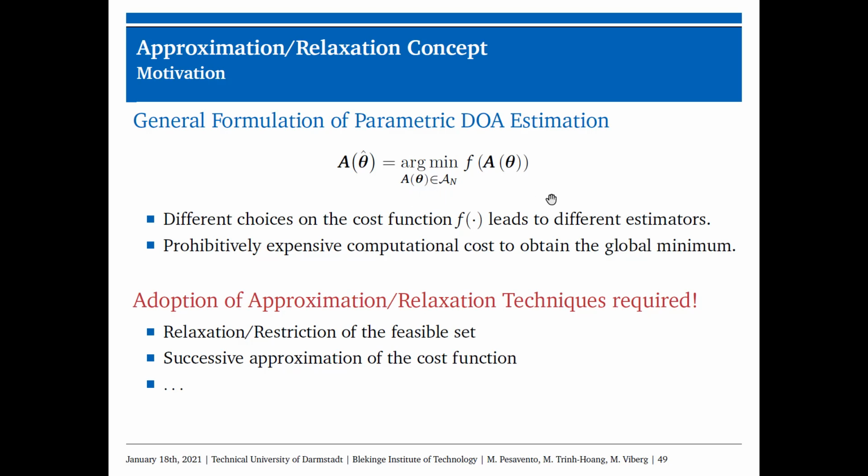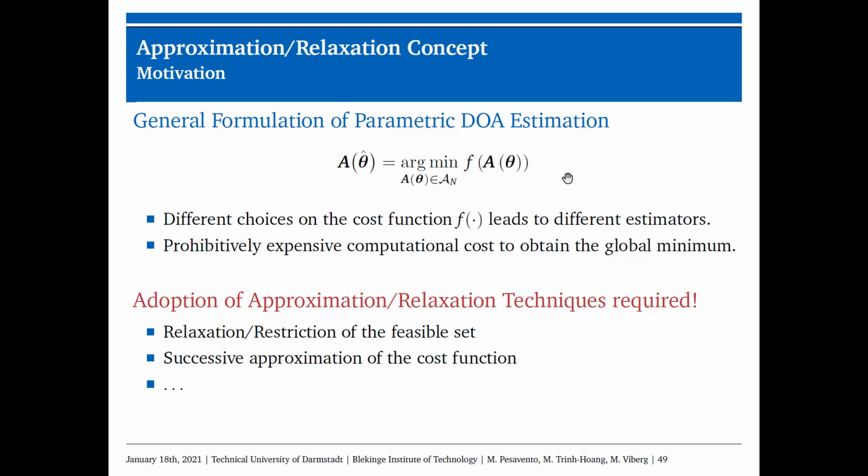The cost function f depends on which criteria we used to match the received signal with our model. Generally, after concentration, the cost function f is non-convex with respect to A. In addition, the feasible set AN on which we are optimizing is also non-convex.